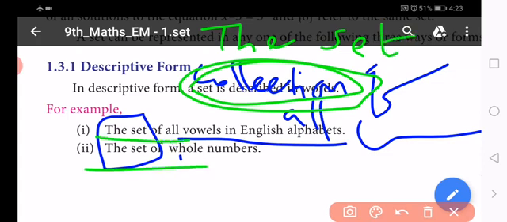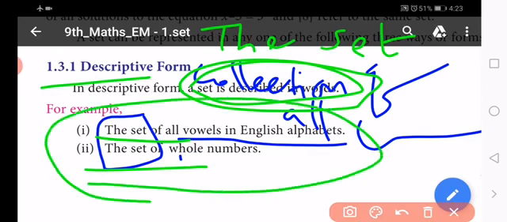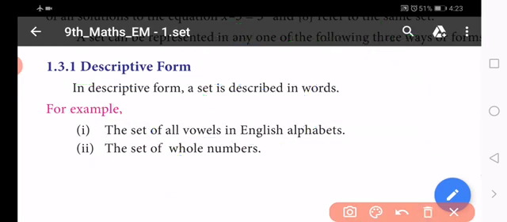So if the words the set are used in the statement, then it is in the descriptive form. This is the verbal description of its elements. So omit the word collection and use the word set, then this is the method of descriptive form.